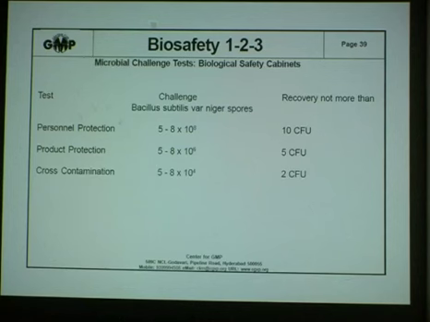From one side of the work area, you release subtilis and see if anything can be recovered at the other end of the same work surface. Now, the amount you aerosolize is 5 to 8 × 10^4 CFU of subtilis spores, and ideally you should recover nothing, but the limit given to you is up to 2 CFU.